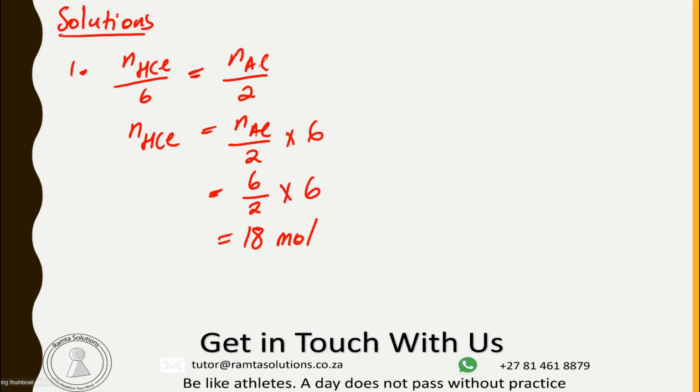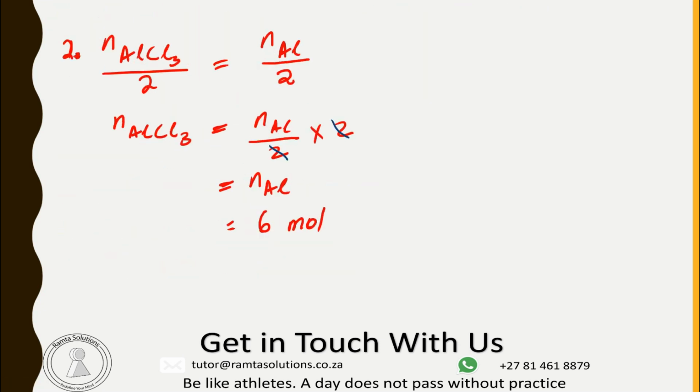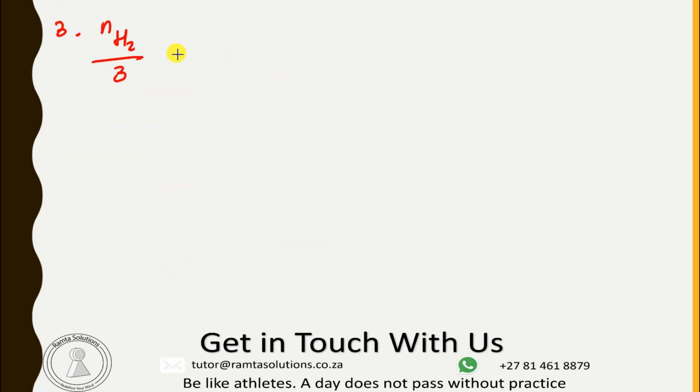It was 3. And the number of moles of aluminum over its coefficient, which was 2. Again, you can say the number of moles of hydrogen gas is equal to the number of moles of aluminum over 2 multiplied by 3.